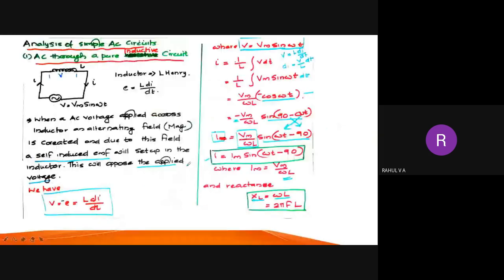Okay, now let us analyze how it is coming. Okay. Look at the slide. So analysis of a simple AC circuit, that is done through a pure inductive circuit. So you can see that there is a voltage source of magnitude V is equal to Vm sin omega t.